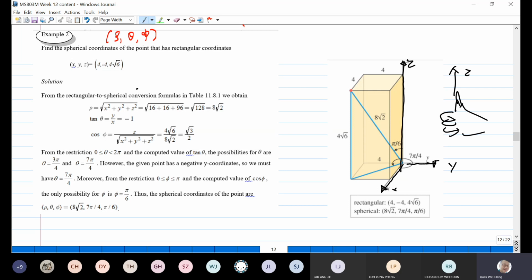So what is the x coordinate? The x coordinate is 4, right? So you can say this is 4 here. That means go here, this line x equal to 4. Everything on this line is x equal to 4.